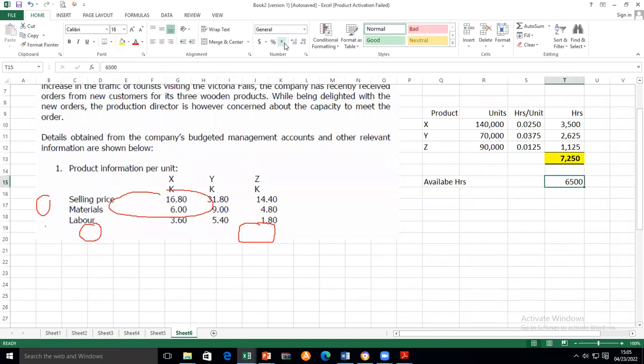So what are we saying? There's a shortfall. What is a shortfall? 750.